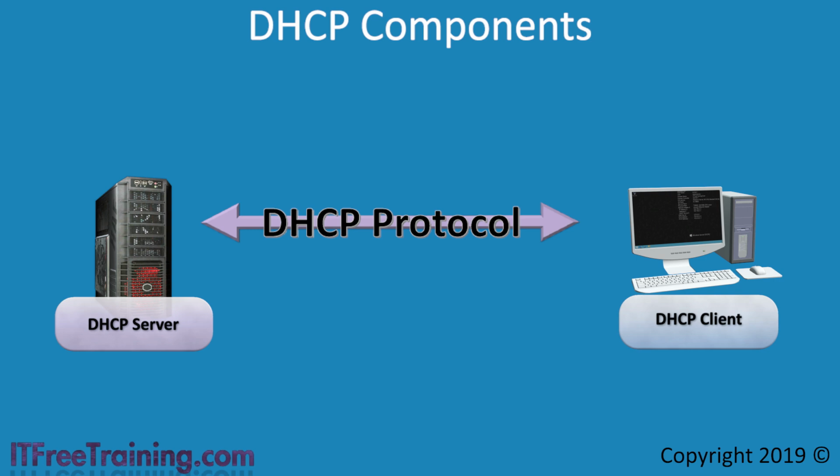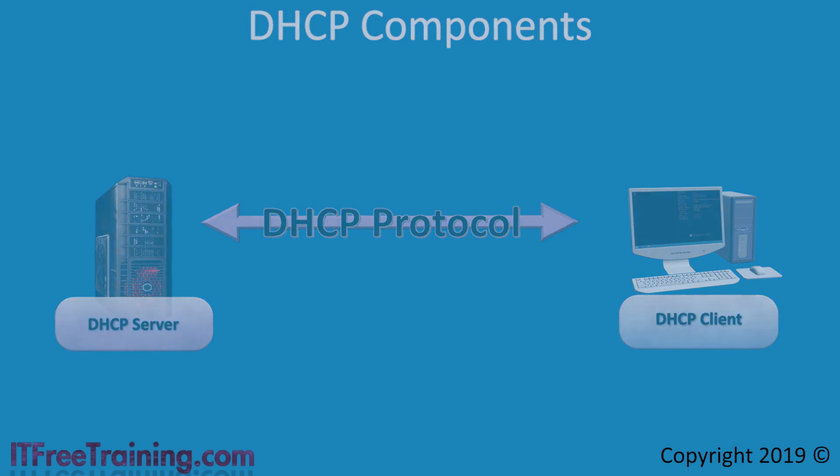Also, all Windows servers support the DHCP server component. On the Linux side, all distributions support the DHCP client. There are also many different implementations of the DHCP server, so regardless if you are using Windows, Linux, or another operating system, your client and server will support DHCP.